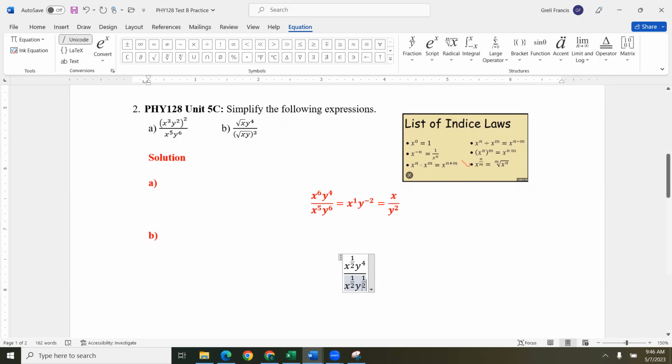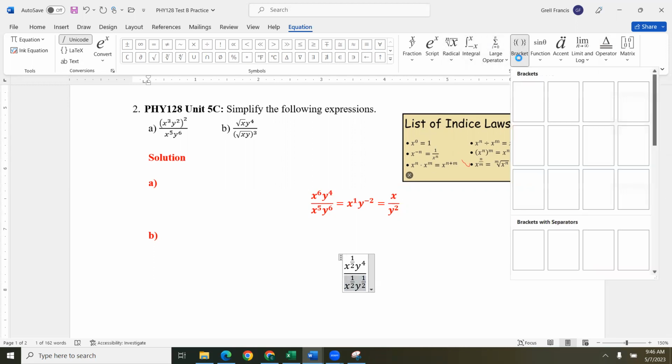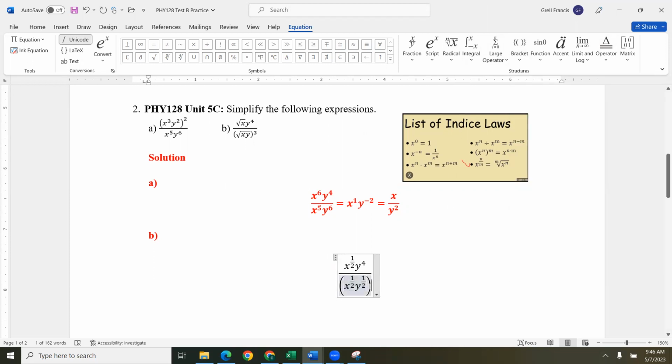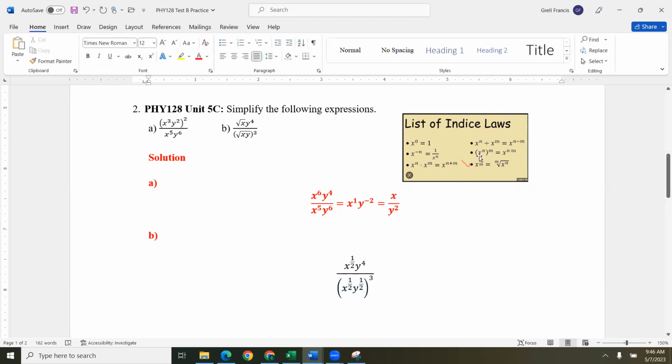And all of this now in a bracket raised to the power of 3. That's what happened in the denominator. So now we are going to apply powers raised rule to expand this bracket that we are going to multiply by these powers.